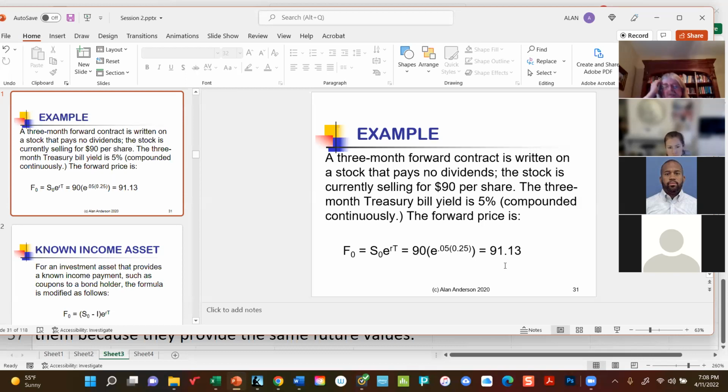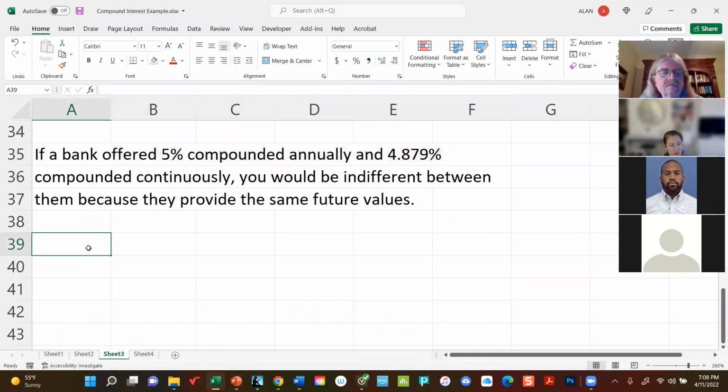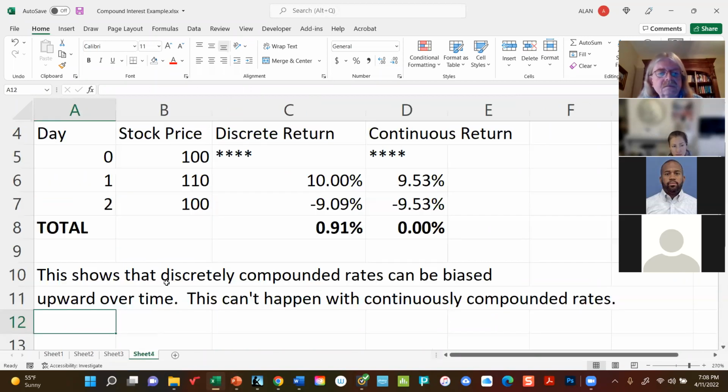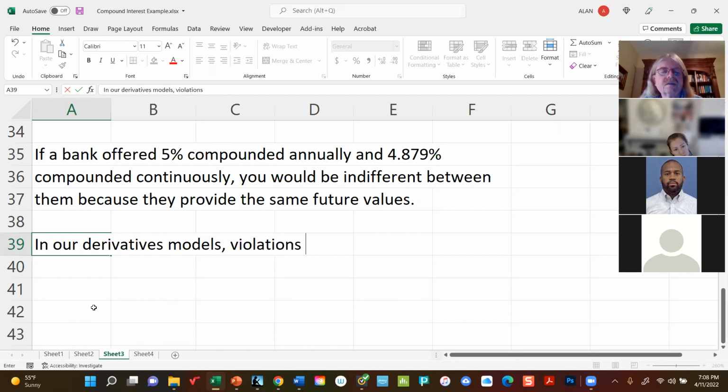Oh, one more thing. I just want to mention that the interest rate used here, I did not mention this yet. In our derivatives models, violations result in risk-free arbitrage profits.